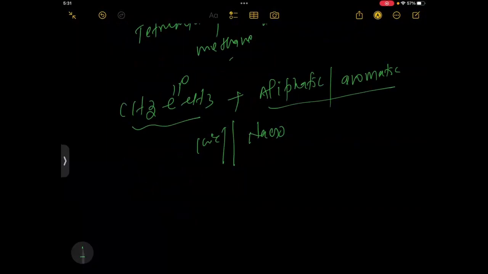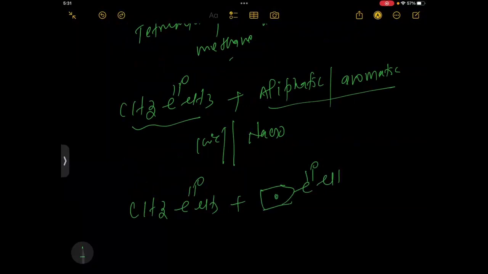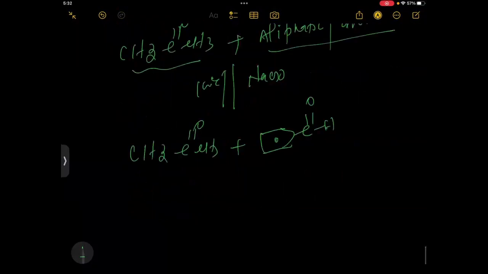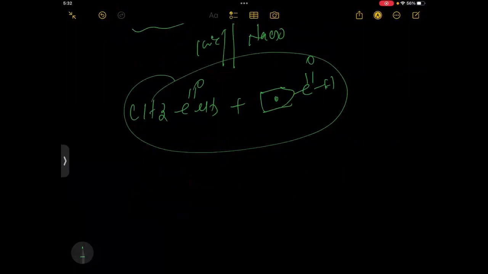Suppose the CH3 C double bond O CH3, and as the second reactant I have taken benzaldehyde. So here is O and H. Through this process you will get this product, benzene, because the ketone will act as a nucleophile.